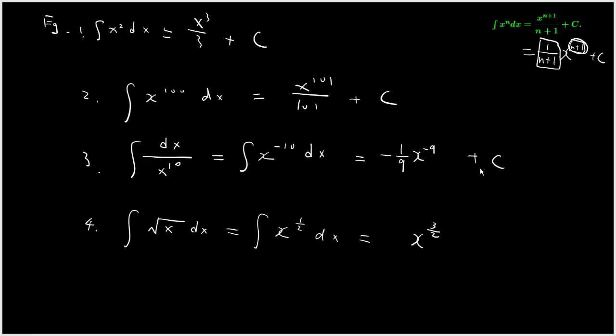I think you can do it mentally. If the exponent here is 3 over 2, then you invert the numerator and the denominator of 3 over 2. You have the reciprocal, right? So the coefficient before the function is 2 over 3. Do you know what I mean? It's simple now.